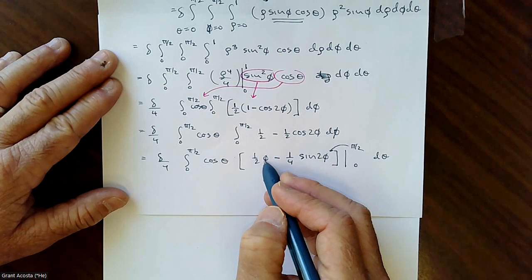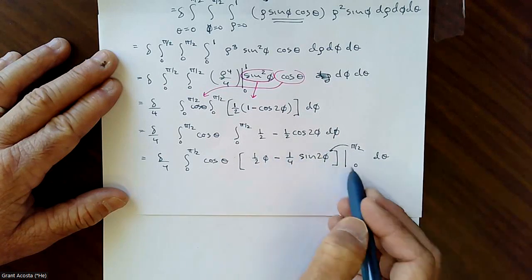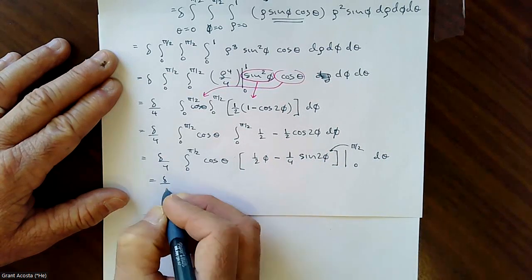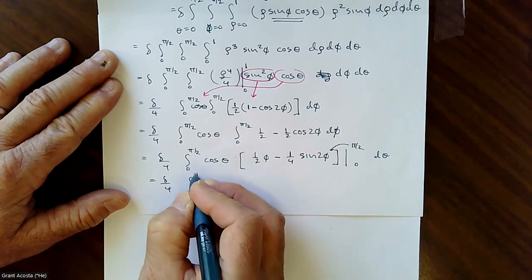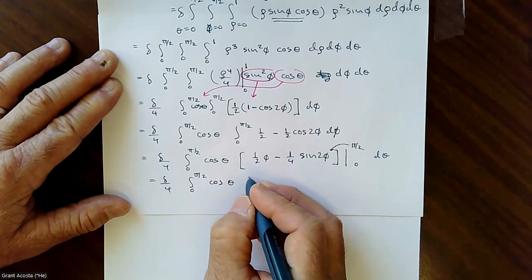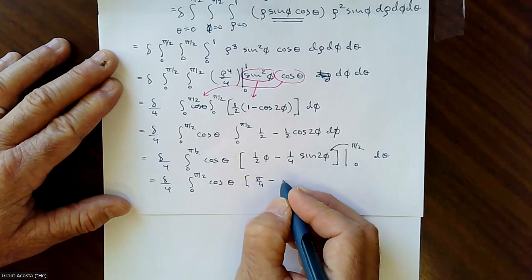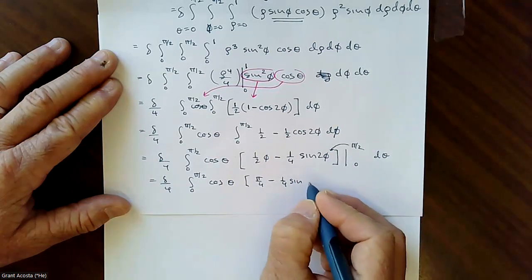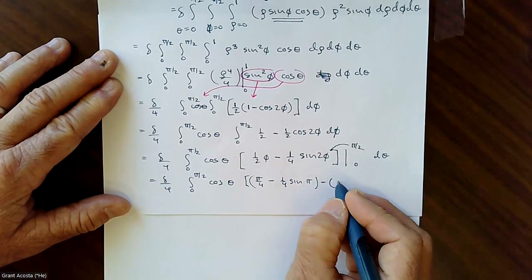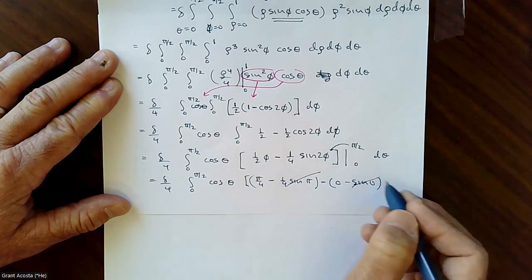And then, of course, if I put the 0 in, that'll be 0. So pi over 4 minus 1/4 sine of pi, which is 0, minus the sine of 0, which is also 0.